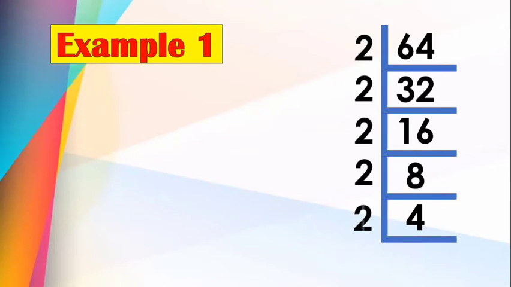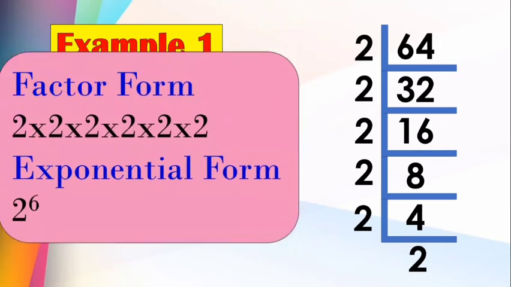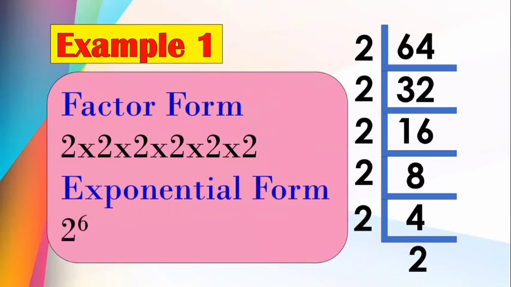And 4 divided by 2 is 2. The final quotient is already a prime number, so we stop. Therefore, the prime factorization of 64 is 2 times 2 times 2 times 2 times 2 times 2. That is the factor form. It can also be the exponential form, 2 to the 6th power.